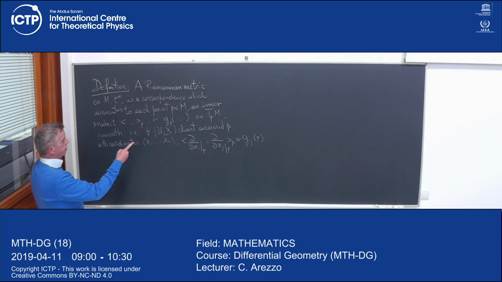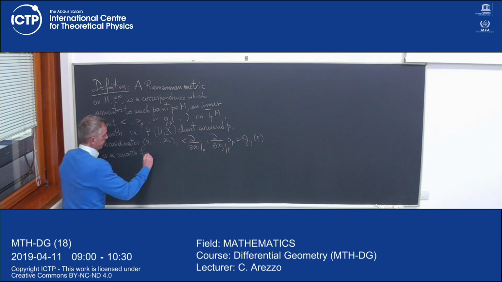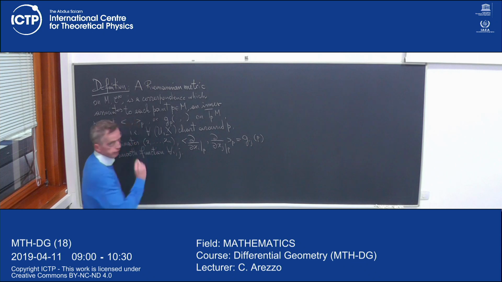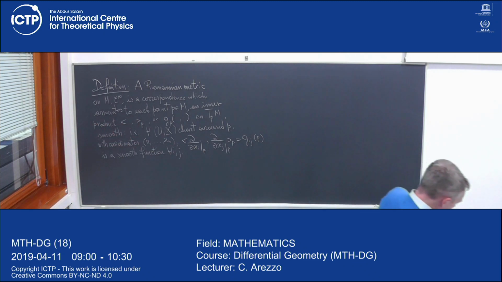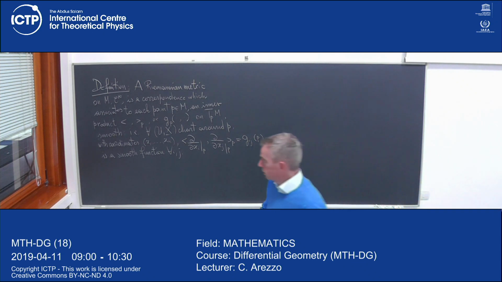So the metric is smooth if for any chart around P with coordinates, this is a smooth function, for any i and j, of course, for any choice of this basis vector. That's a long definition, but it says the most obvious thing you can require. Everything depends smoothly on P.